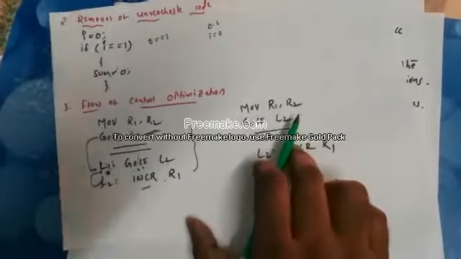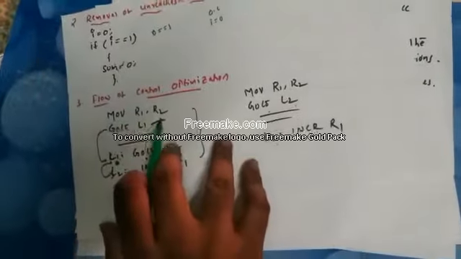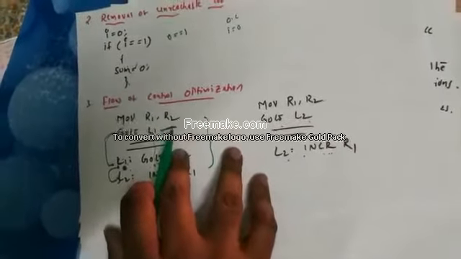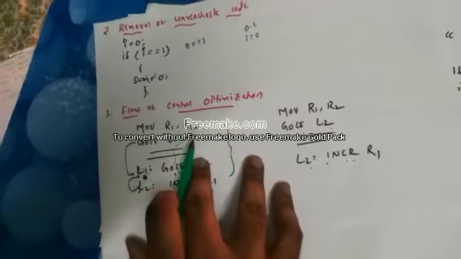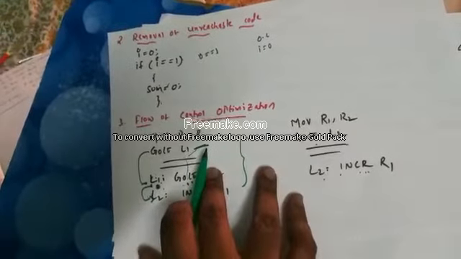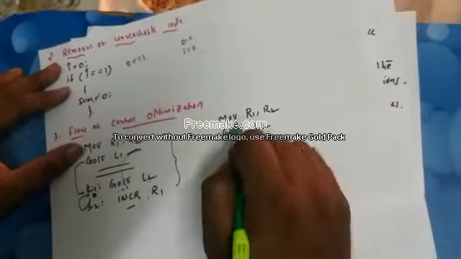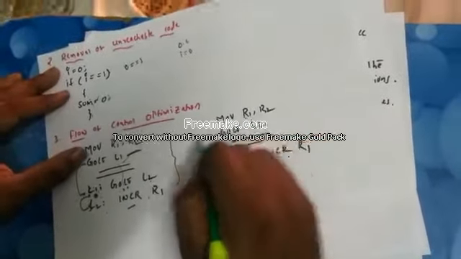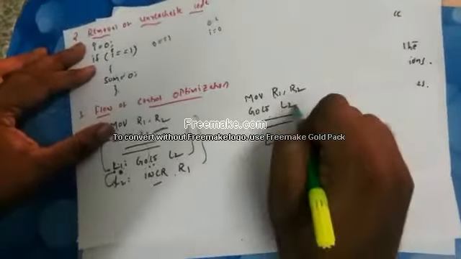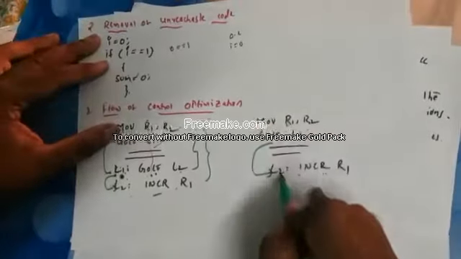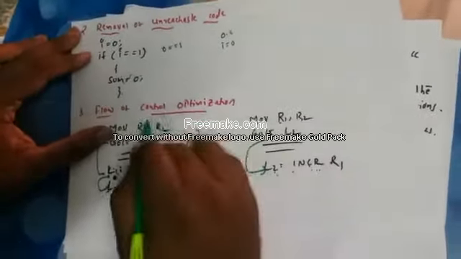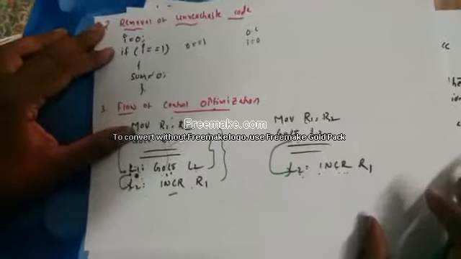In this code, L1 can be removed, and the control goes directly to L2. Instead of jumping to L1 and then L2, the control directly reaches L2, and the L2 operation, increment R1, is performed. This is flow of control optimization.